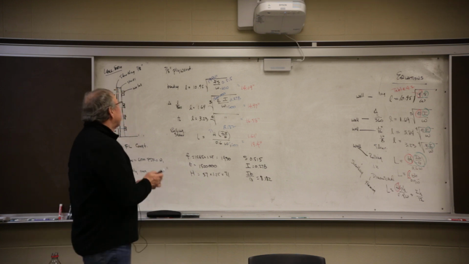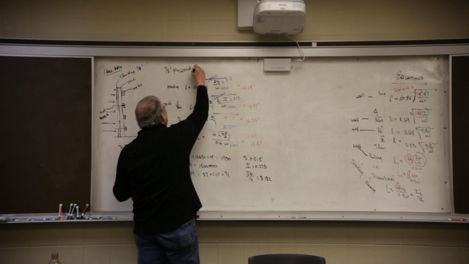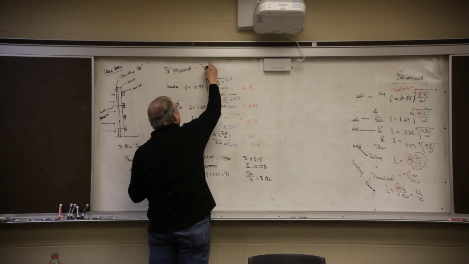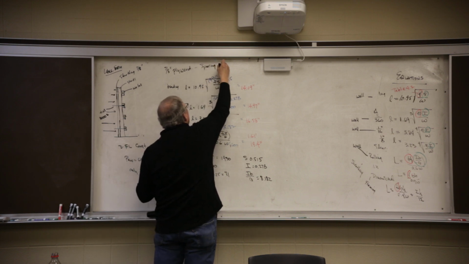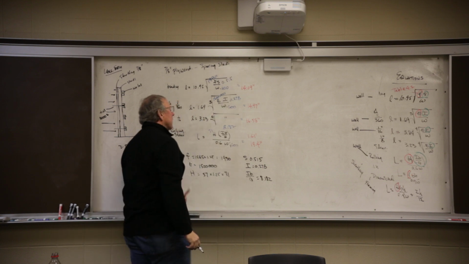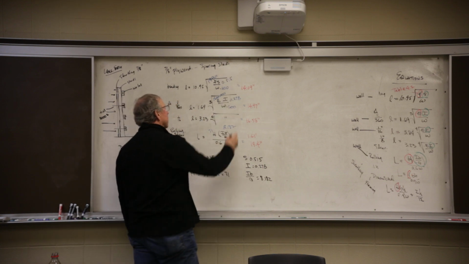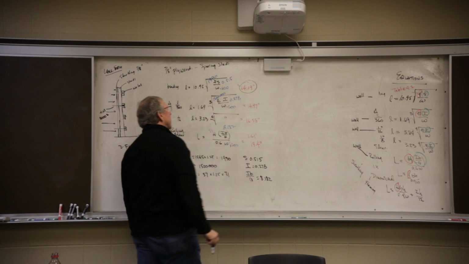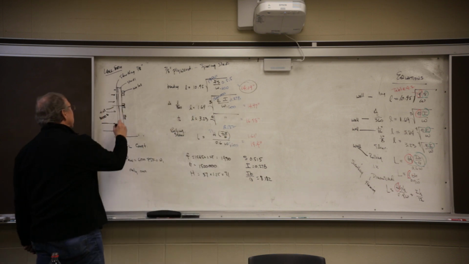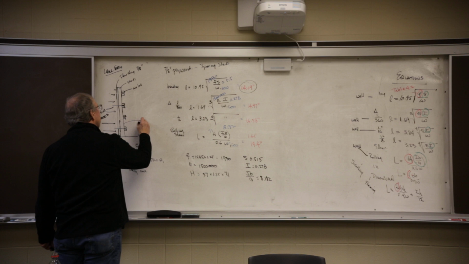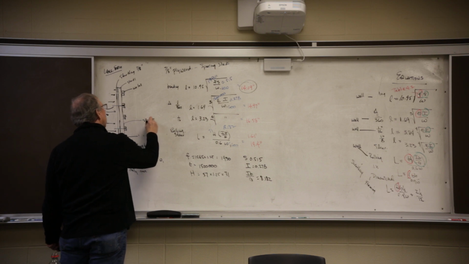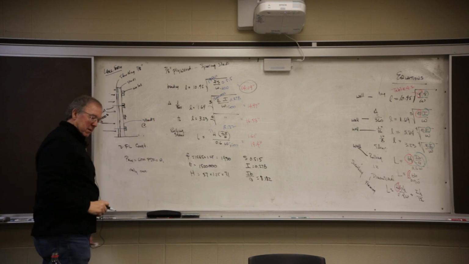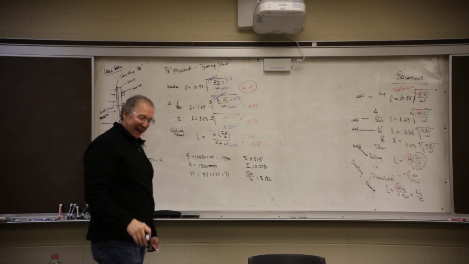So let's go. Spacing of studs. The smallest out of it is what? Looks like this one. So these studs are going to be spaced at 1409 max.